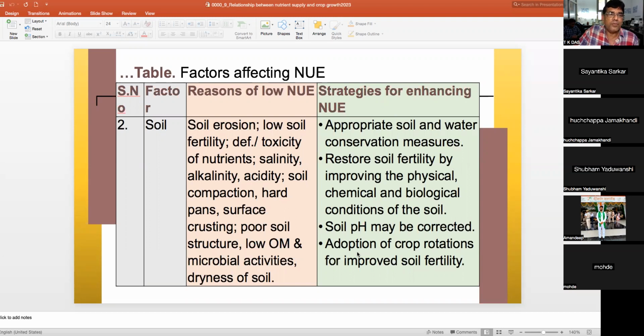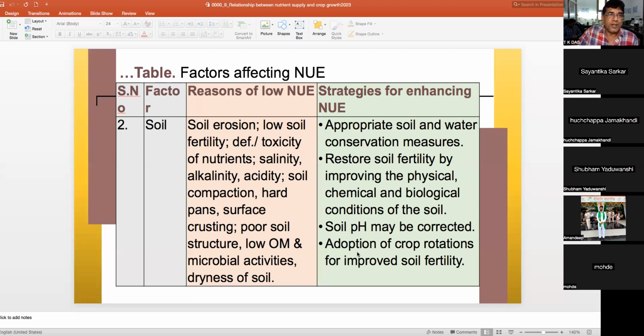If you take them towards the negative side, they will decrease the nutrient use efficiency. If you take soil factors towards the positive side, meaning better microbial biodiversity, better soil structure, optimum pH, no crusting, or increased organic matter levels in the soil, all these factors are going to increase the nutrient use efficiency.